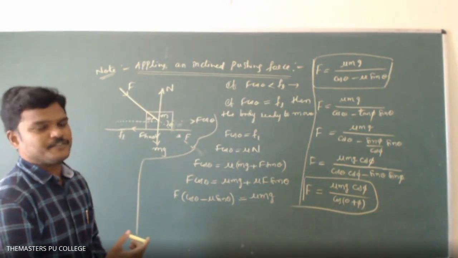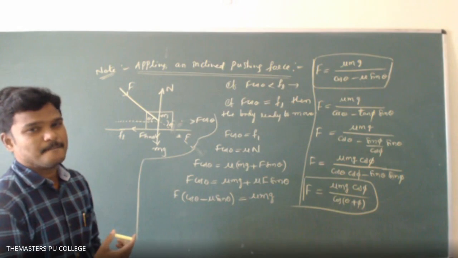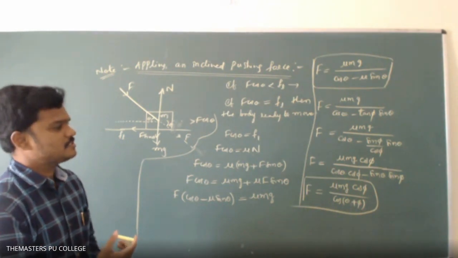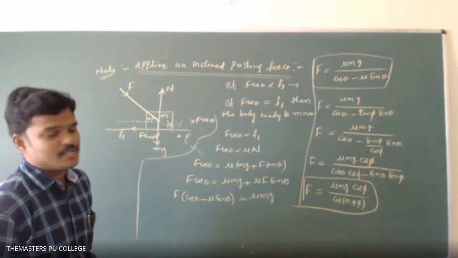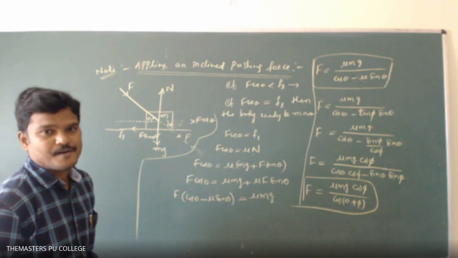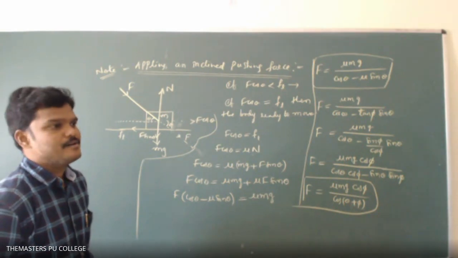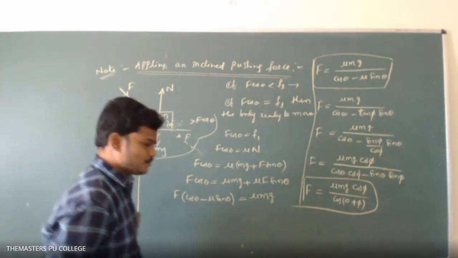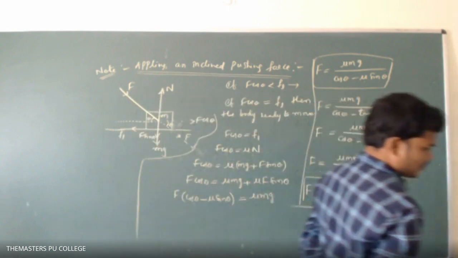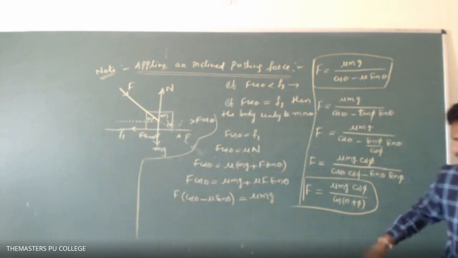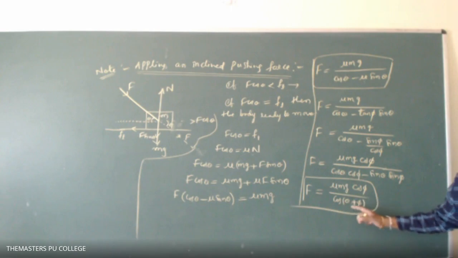Suppose the angle of friction is 0. If phi is 0, what is the answer? Mu mg cos 0 is 1, by cos theta. Suppose theta is 0, or phi is 0; if you know any one value, tell me the answer.